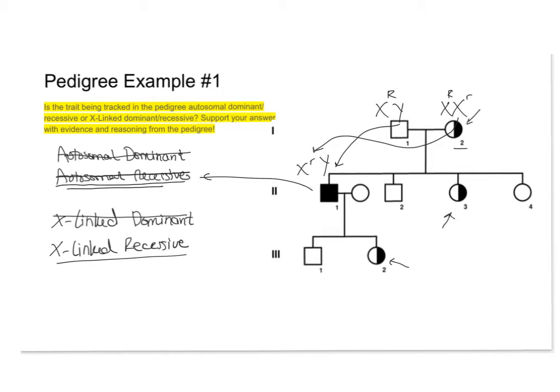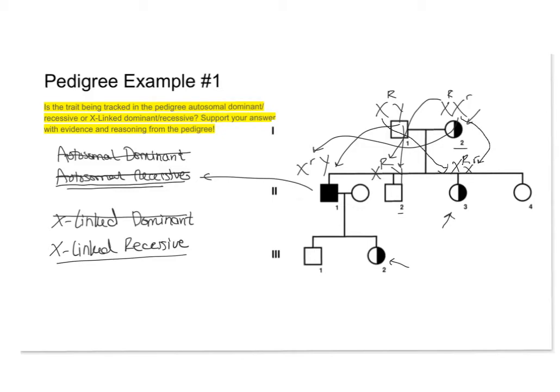As we go through these other examples here, son number 2 received his Y chromosome from his father and must have received the dominant allele from the mother. So that checks out. Okay, and then looking at the other two daughters here, this daughter who's a carrier received her dominant allele from the father's X chromosome and then a recessive allele from the mother, allowing her to be a carrier.